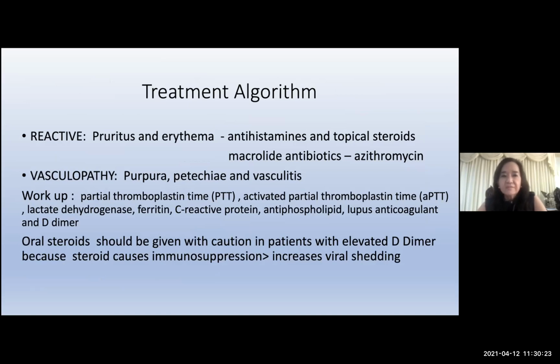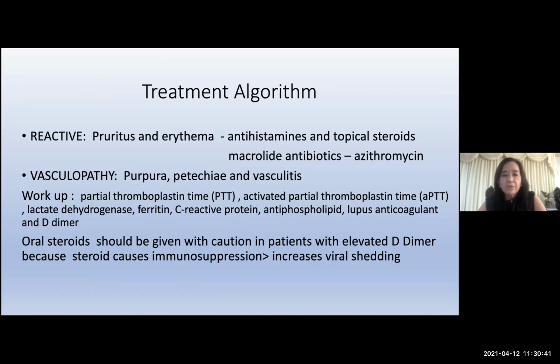For reactive types, where usually we just have pruritus and erythema, we just give our antihistamines and topical steroids, macrolide antibiotics such as azithromycin. And for vasculopathy, we have your purpura, petechiae, and vasculitis.